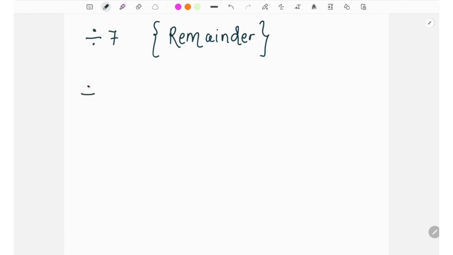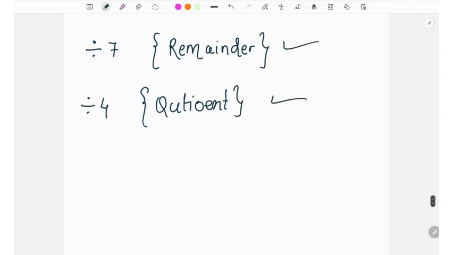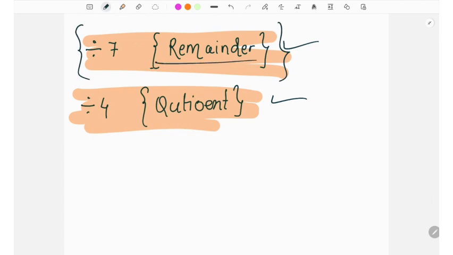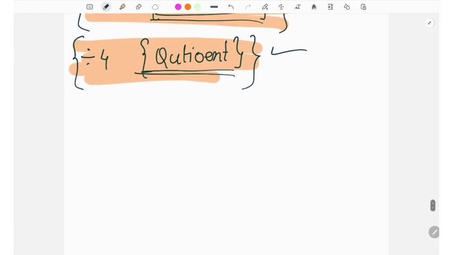And whenever I am dividing any given date or year by 4, I'll just simply consider the quotient. These are the 2 important points. Please highlight this. Whenever I divide any given year or date by 7, I'll just look into the remainder. And if I am dividing any given year by 4, I will only consider the quotient. Now let's solve the question.